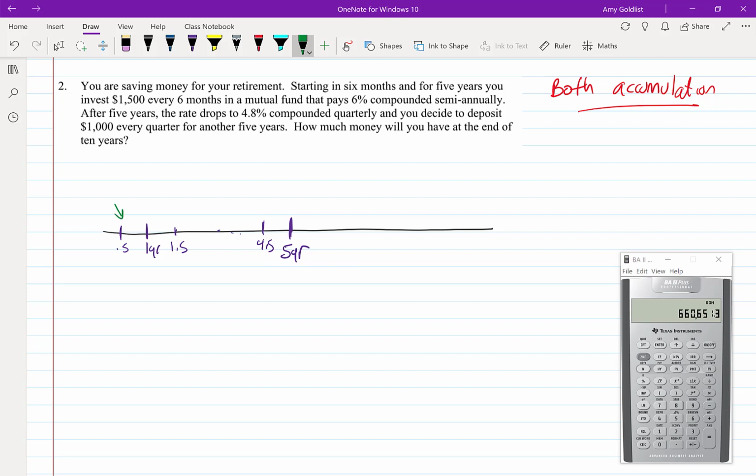I'm going to draw that in. We're going to deposit $1,500. And our last deposit is going to go in right at that 5 years. After this, it's going to drop to quarterly. So let's do a quarter, half, 3/4, 6 years, etc., all the way up to 10 years.